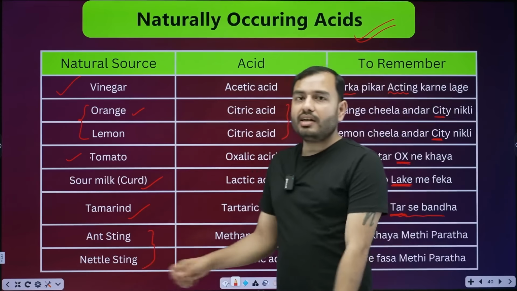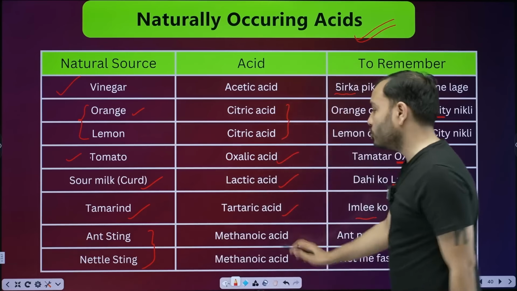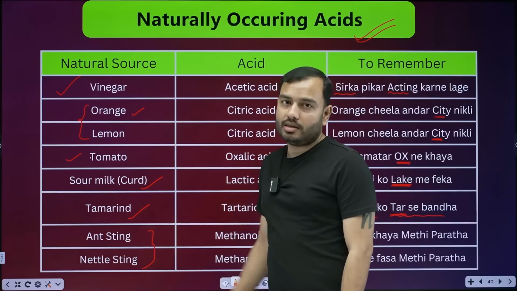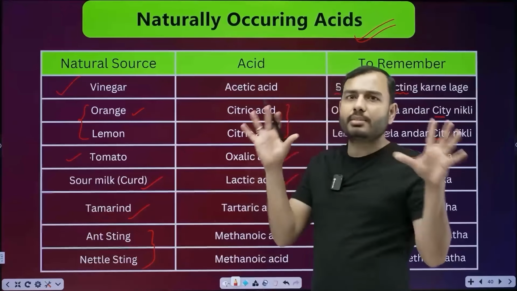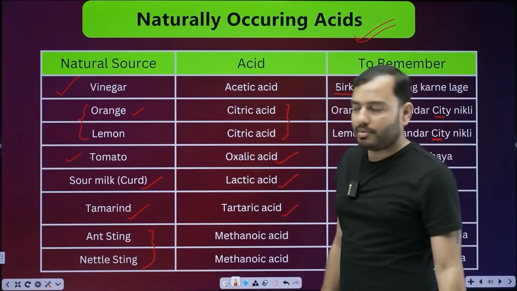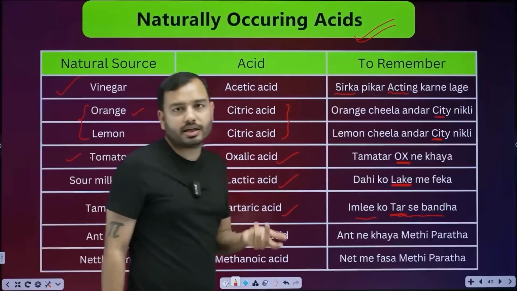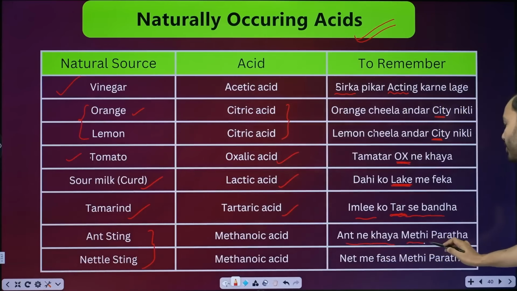Then ant sting and nettle sting. Ant sting means bitten by an ant. Nettle means a plant. Both have methanoic acid. How do you memorize it? The ant was eating methi paratha. Nettle sting means net. And in the net, there is methi paratha stuck. Now these are tricks. It's up to you how you memorize it. You have to memorize it anyway. Methi, methanoic acid.